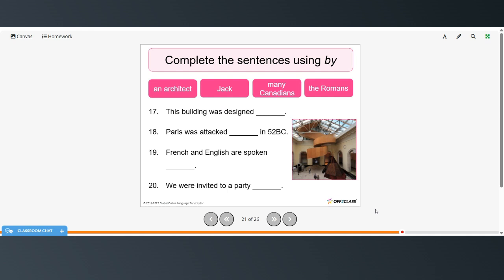All right, now complete these sentences using by. You can pause the video, try these on your own, and then restart when you're ready to check your answers. This building was designed by an architect.